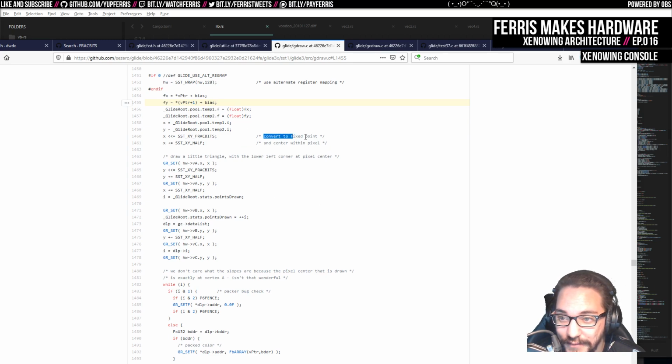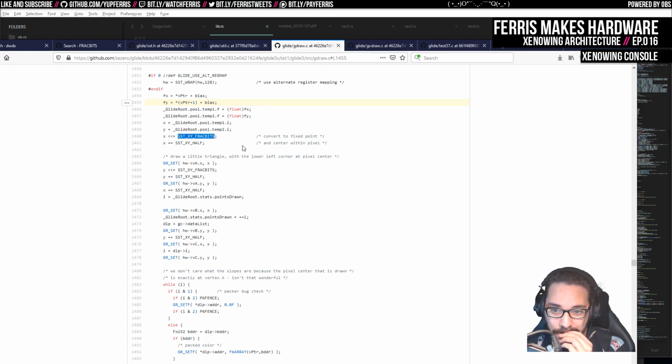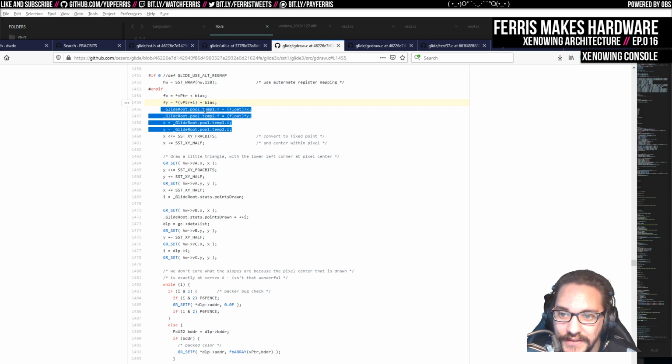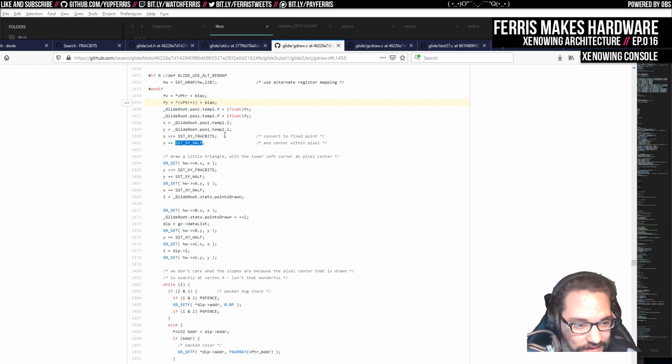But this does say convert to fixed point. Just shifts it up. It does do this though. You're right that it does set this temp here to the float value, and then this temp. I guess this just does a conversion to bag of bits. And it does that shift. Is this even conversion?